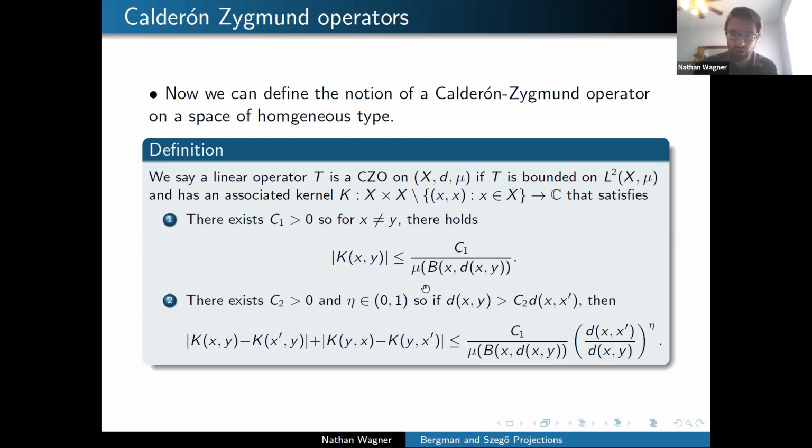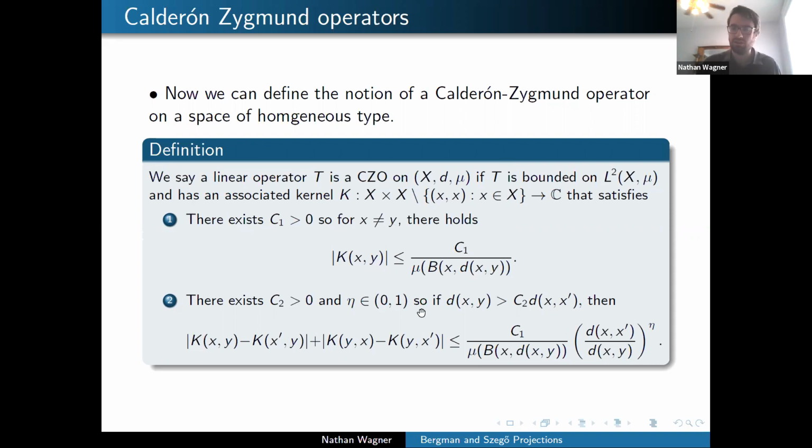So the measure of a ball centered at x with radius the distance between x and y is just mod x minus y, right? So this holds true in the case of the Hilbert transform, where for the quasi-metric we just have the ordinary Euclidean metric and the measure is Lebesgue measure. So the size estimate basically says that the kernel looks like something like 1 over the measure of a ball.